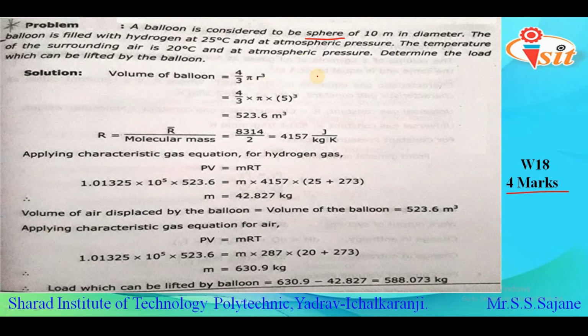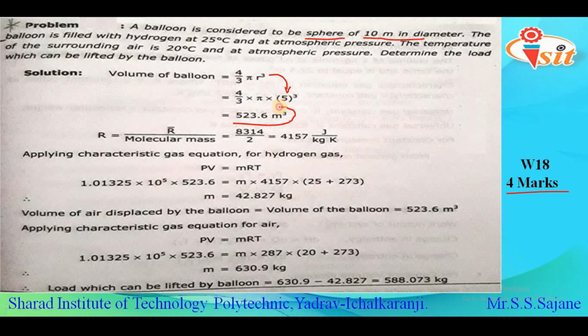They have given us the diameter of the sphere, equal to 10 meter, so its radius will be 5 meter, and after substituting this value we will get the volume of the balloon, which will be equal to 523.6 meter cube.